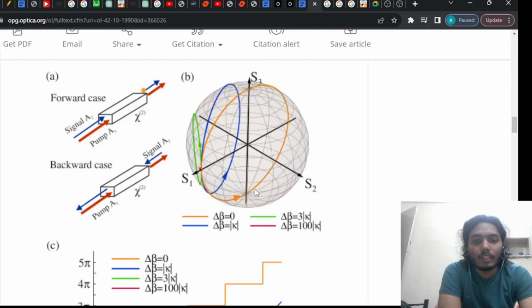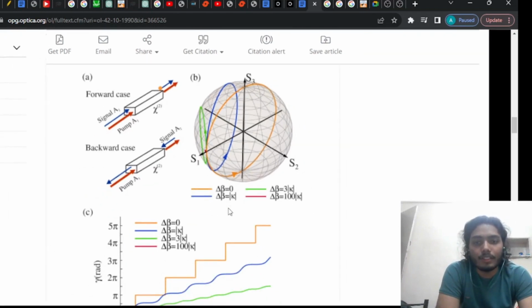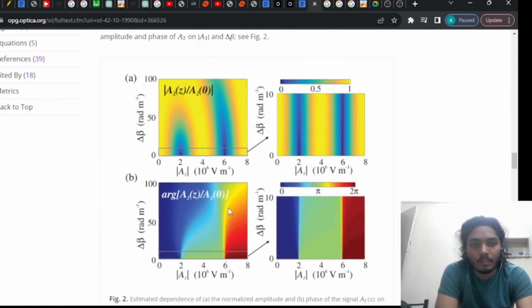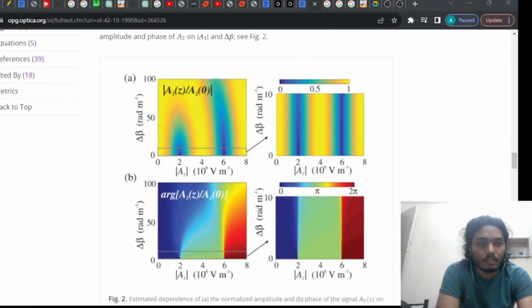And in the case when there is less phase mismatch, that is delta beta goes to zero, these geometric phases will constructively interfere, and hence it will cause a large geometric phase.